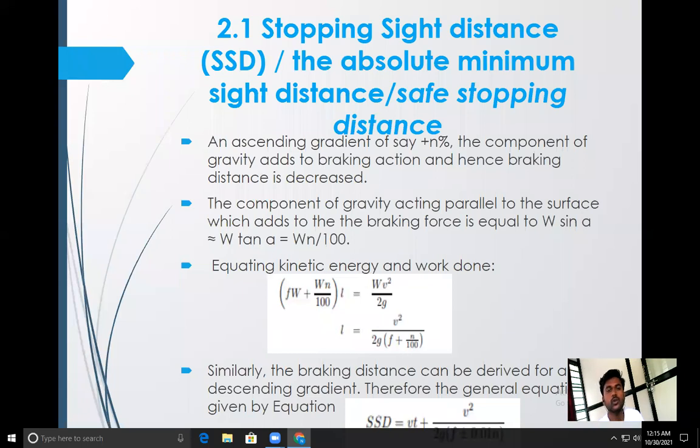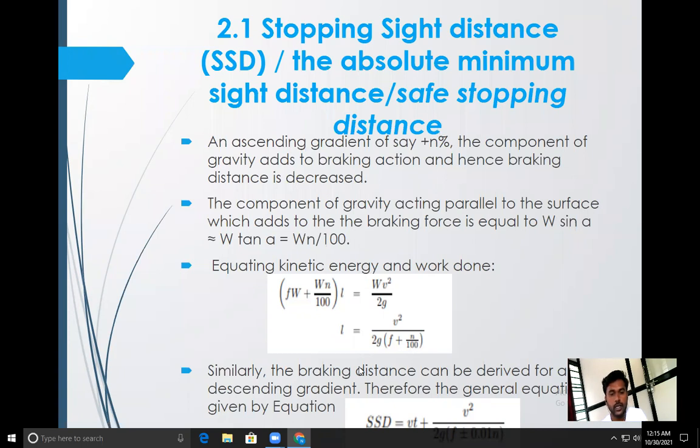And also when the sloping is given, that is, the gradient is given, then we are adding the gradient in that formula, v squared upon 2g(f plus or minus 0.01 n).